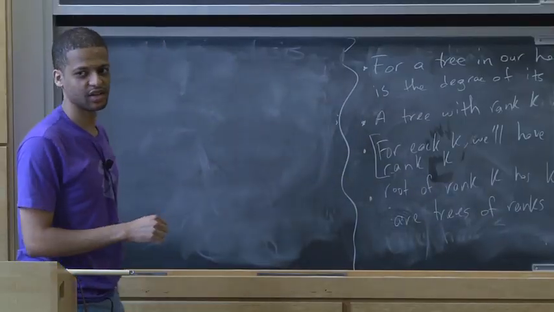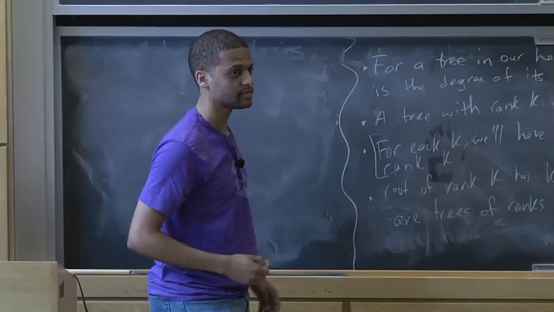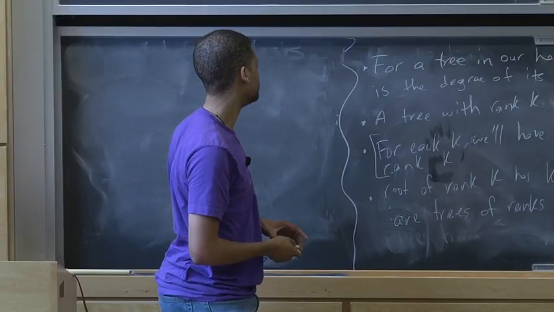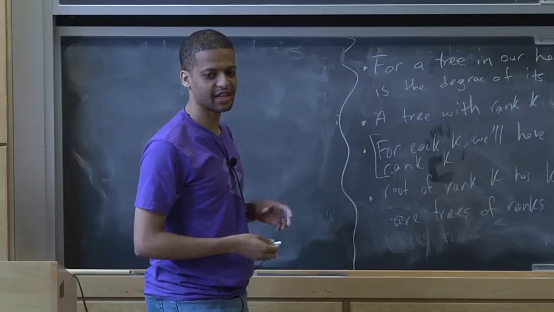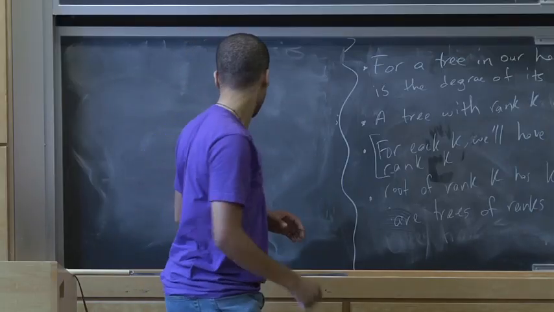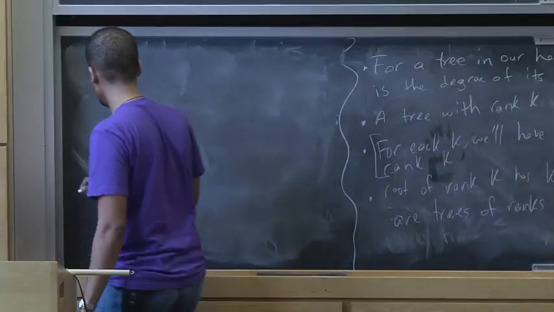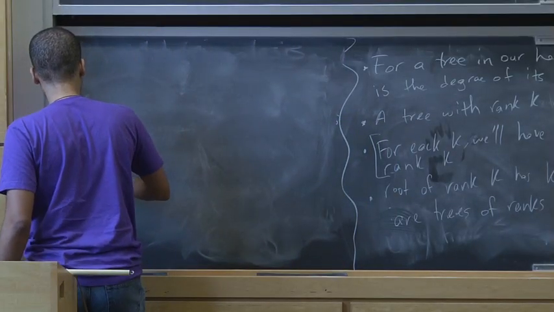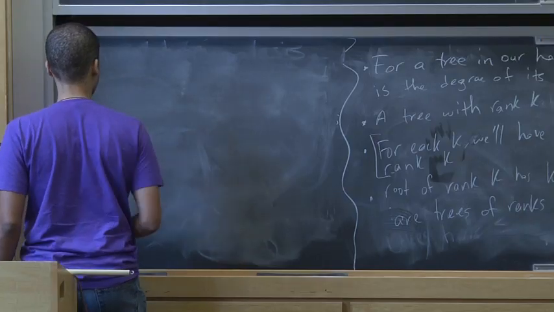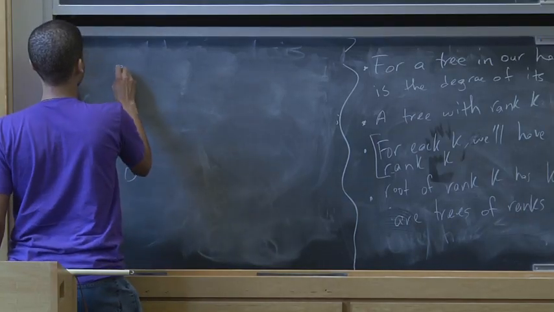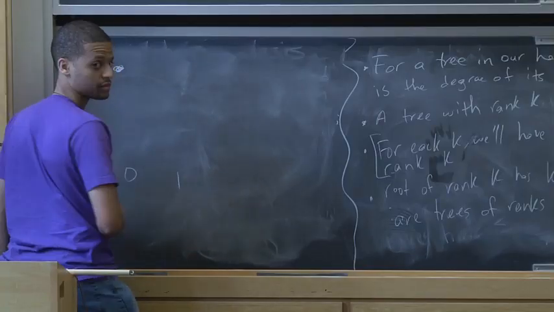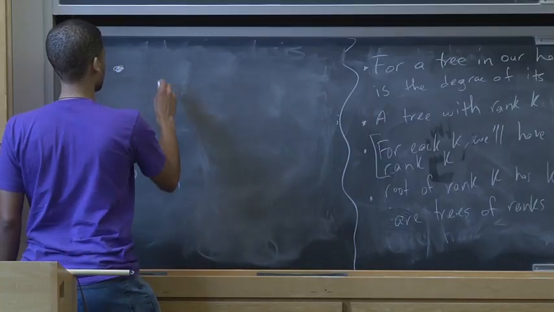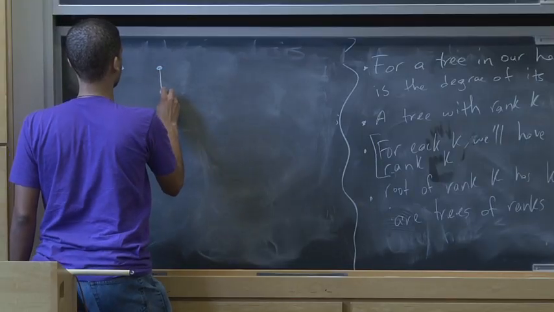Okay, so now let's take a look at what a tree of rank k can look like in a Fibonacci heap. So let's say the rank is 0. It'll look like this. If the rank is 1, it looks like this.